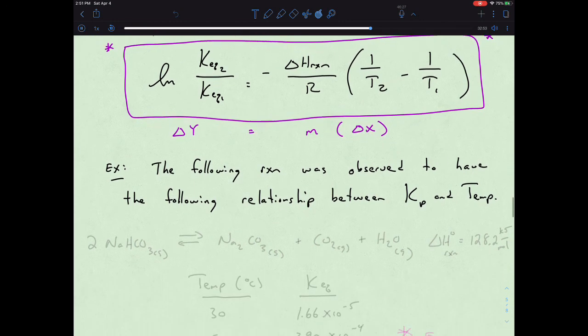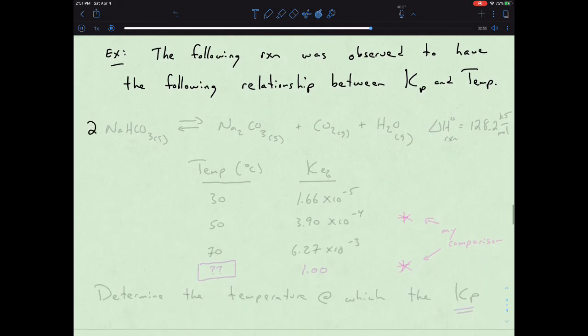The following reaction we're going to be looking at is the decomposition of sodium bicarbonate, which undergoes an equilibrium decomposition to produce sodium carbonate, as well as carbon dioxide and water vapor.